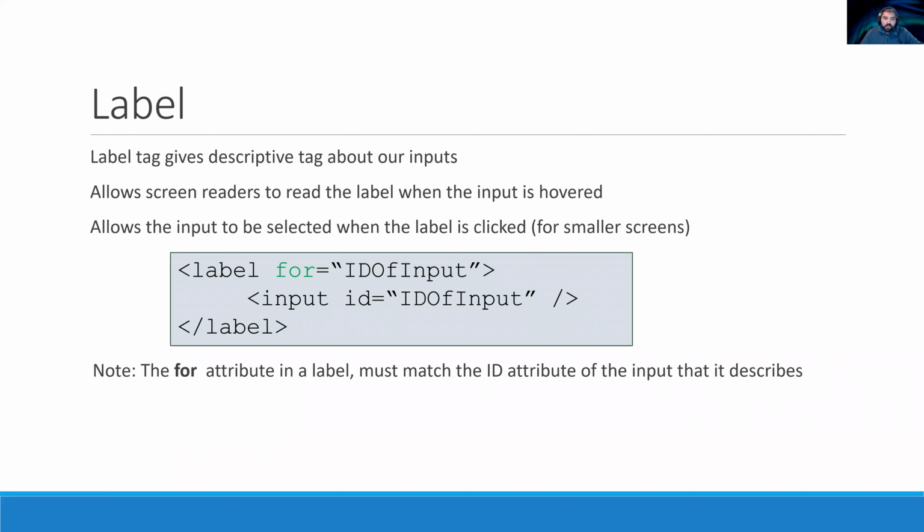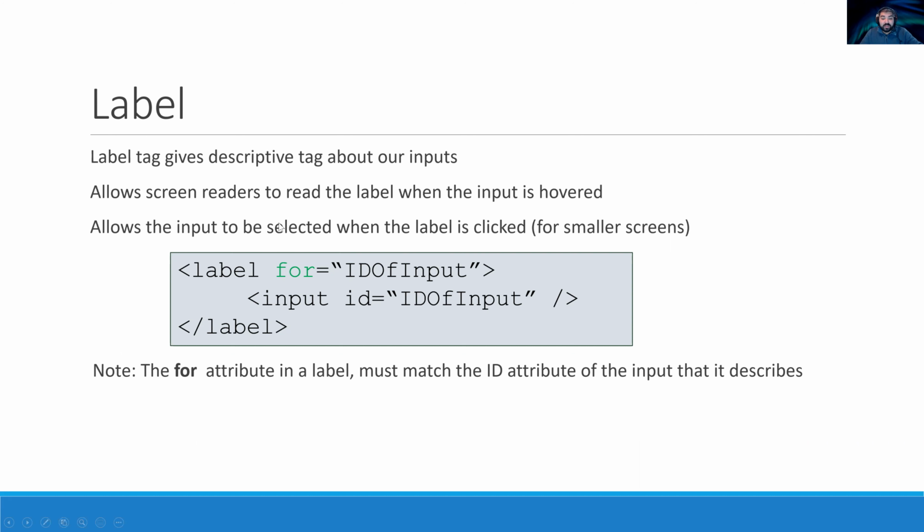Okay, so we're going to use these labels to help our users enter that data, because those users might be using something like a screen reader, right? The screen reader will read that label out for the user if they are hovering over the form element, so they understand what the element is, what that input field is.